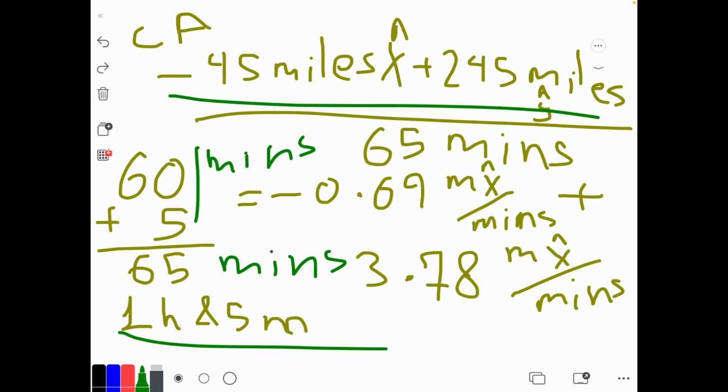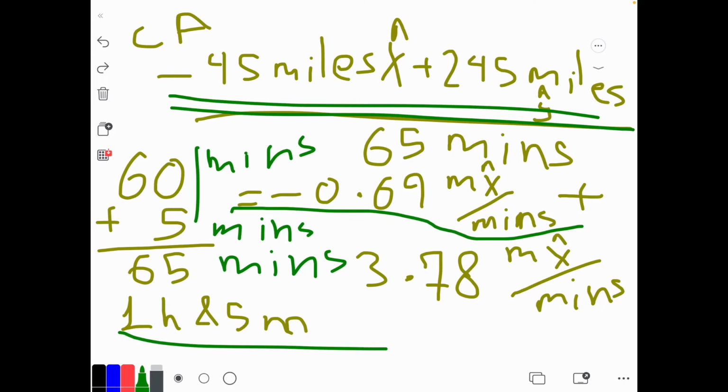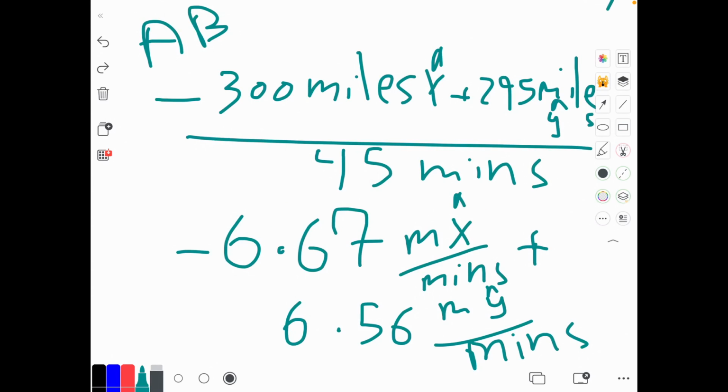Now that I divide the whole thing by 65 minutes, I'm going to get negative 0.69 miles x hat per minute. The same happens when I do the y hat. Now, why did I put an x hat over here? I do not know. There's a y hat. So I'm going to have plus 3.78 miles y hat per minute. That's how I get the velocity for Charleston and Atlanta.